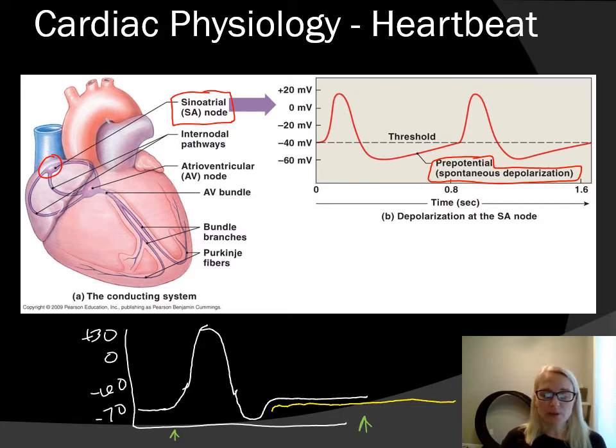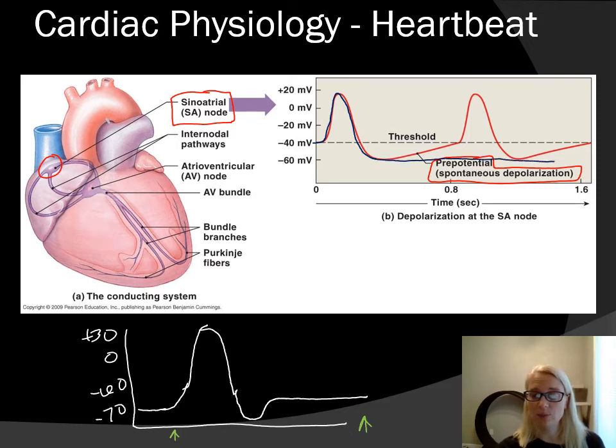Well, cardiac muscle tissue can't do that. Let's see, I'll use the dark blue. So this is our action potential. We track down to rest. Now in a normal neuron, this would stay at rest, this blue line I'm drawing, until a graded potential comes along. Well, they can't do that.